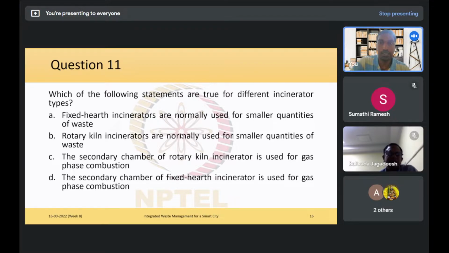We looked at these two different types of incinerators in the very first lecture of this week, the fixed hearth and the rotary kiln. So which of these statements are true about these two types of incinerators?